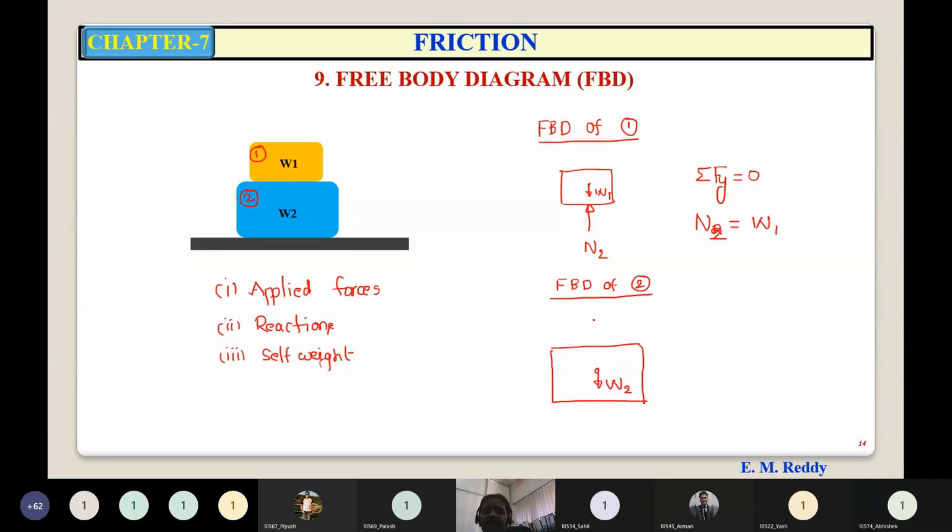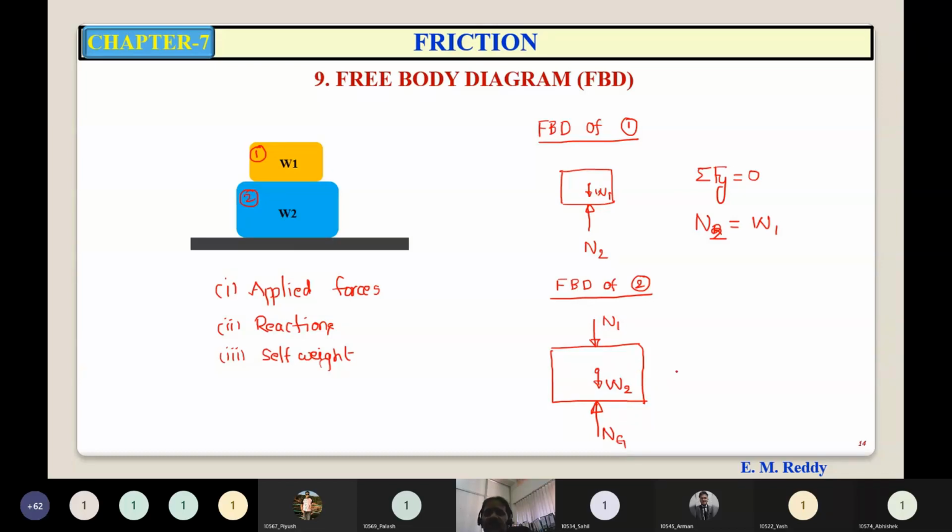And the reaction from body 1, normal reaction from body 1, I will say N1. Are you getting my point? N1 is the normal reaction offered by body 1 on 2. When you are considering body 2, you have to consider the effect of other body on it. That is effect of body 1 on body 2. That is N1. And the ground surface will offer normal reaction, I will say Ng.